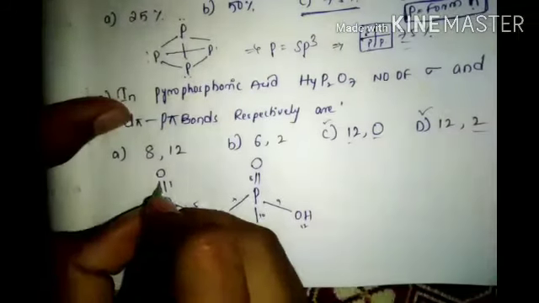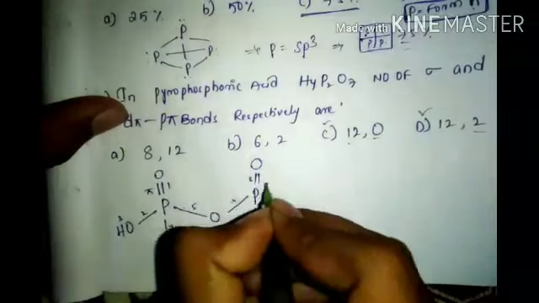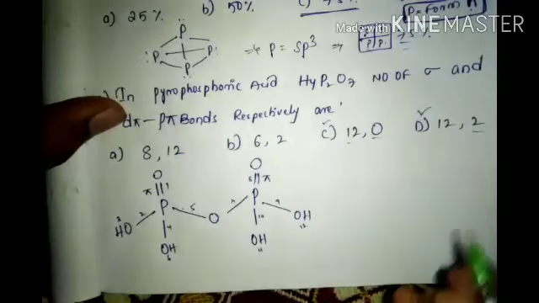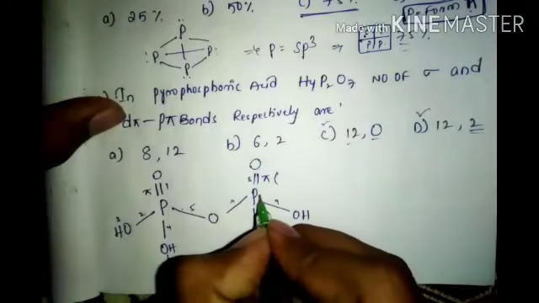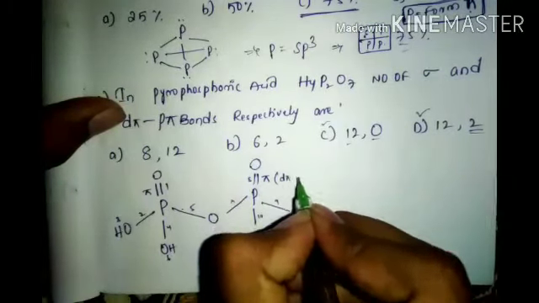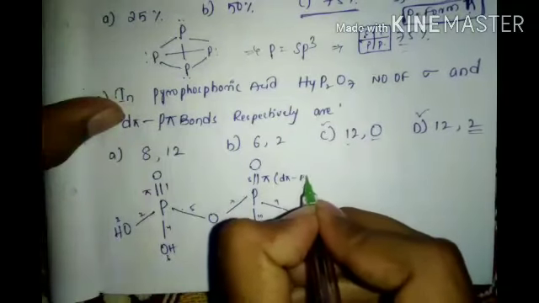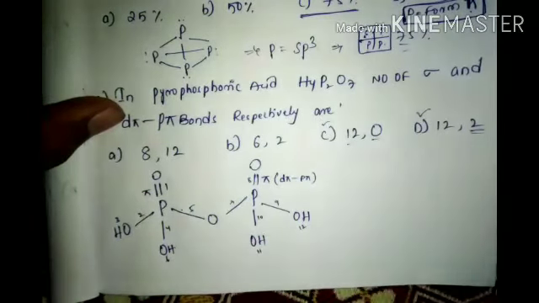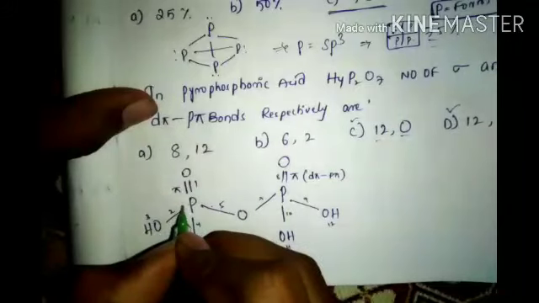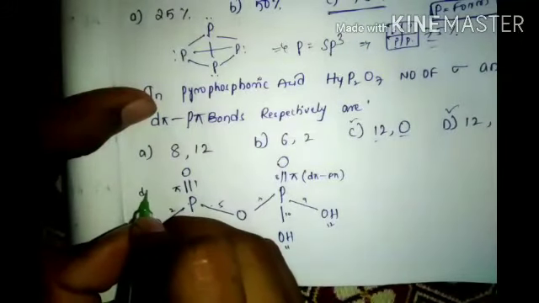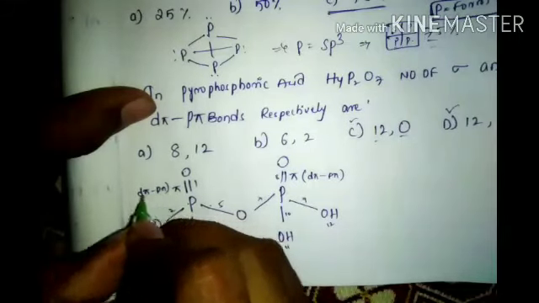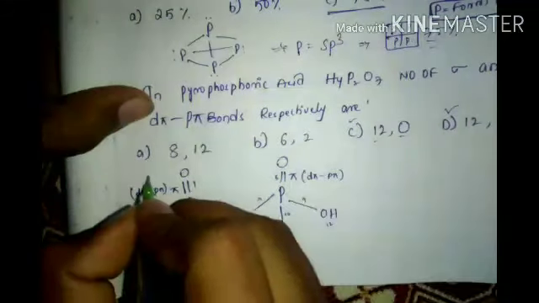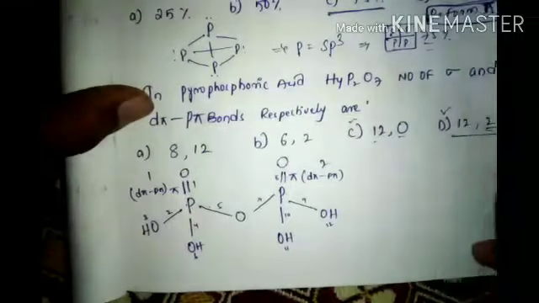So this bond is a pi bond, this bond is a pi bond. 2 pi bonds are there. This character is d pi, this is p pi. Same as usual, P has d pi electrons, oxygen has p pi electrons. So 1, 2. This is the answer.